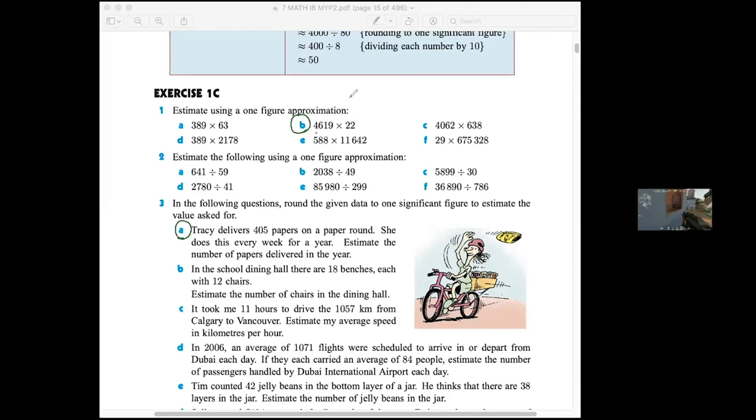The first one rounds to 5,000, and then times 20 equals 100,000. Yeah, that's right. Yep, there we go.